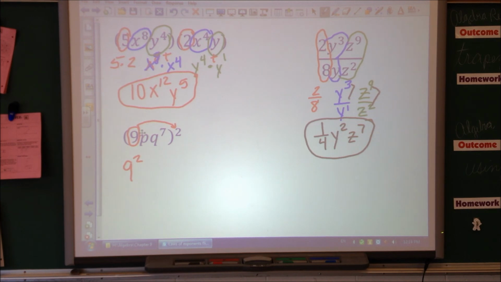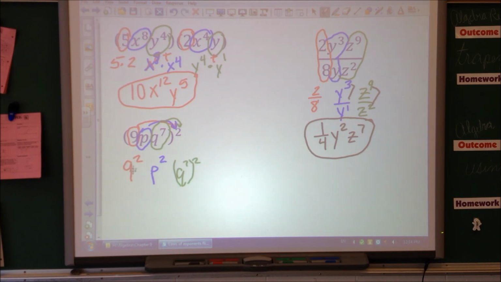I need p squared, and then I need q to the 7, squared. So q to the 7 squared. And I'm going to put it separately because it had another exponent with it already.